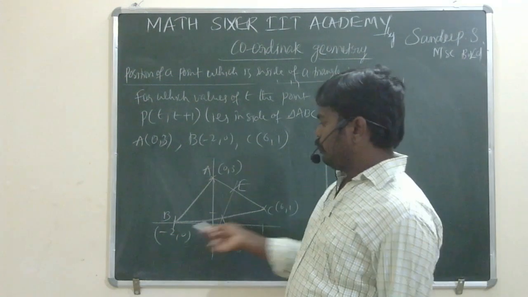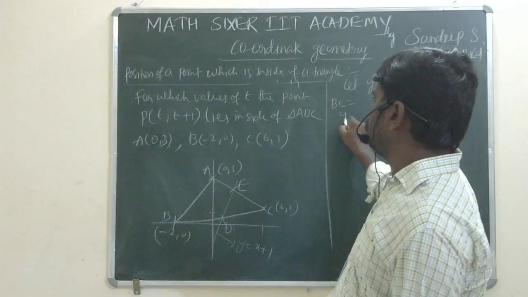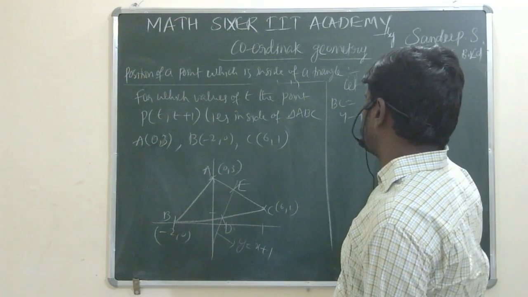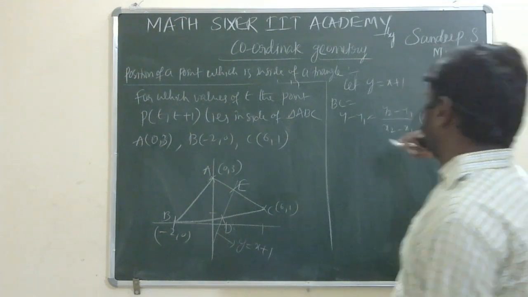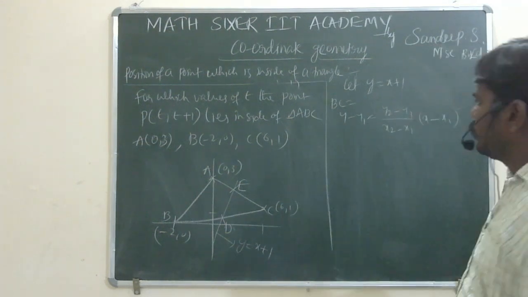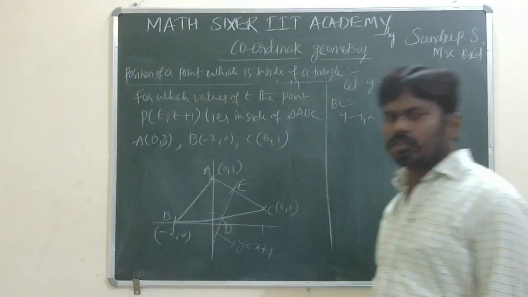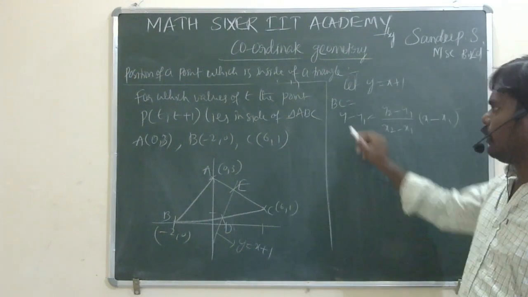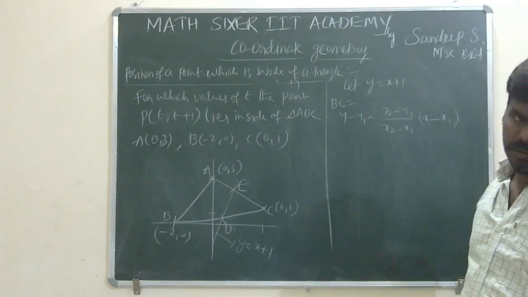When we have 2 points, the equation of the straight line passing through the 2 points (x1, y1) and (x2, y2) is y minus y1 equals (y2 minus y1) divided by (x2 minus x1) into (x minus x1). This we have to remember.